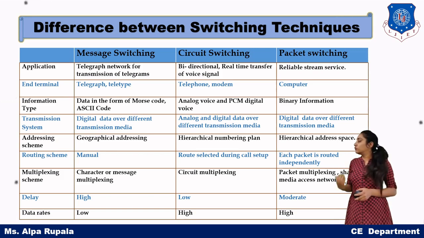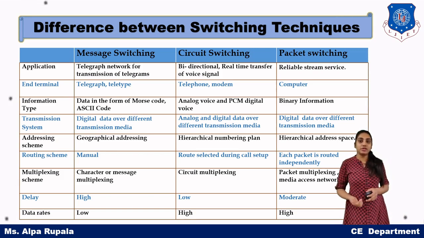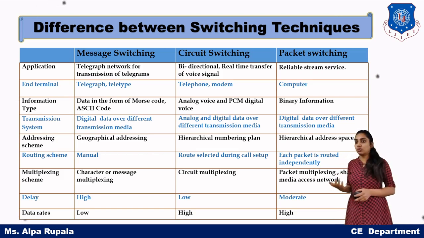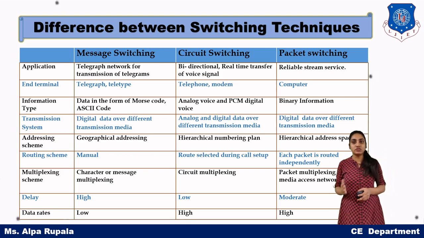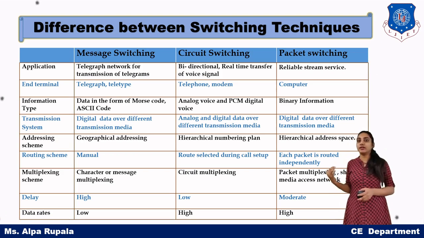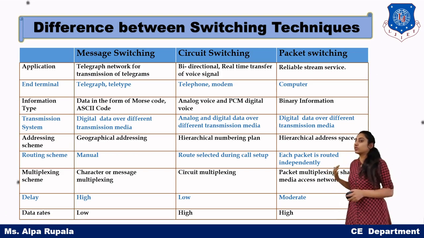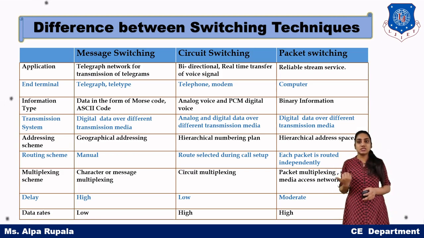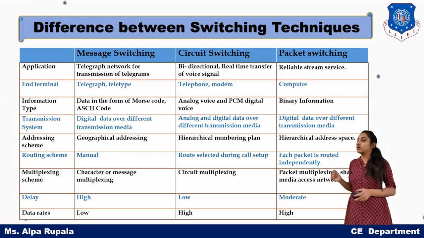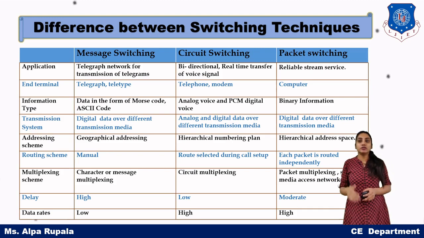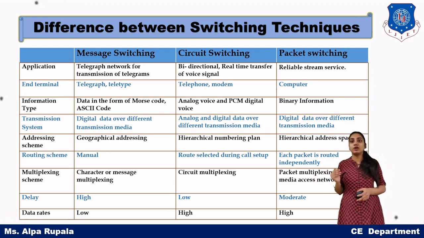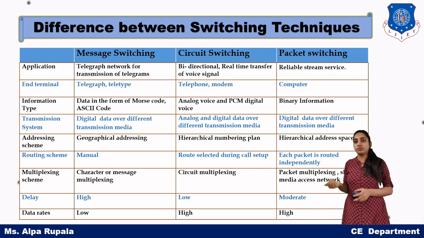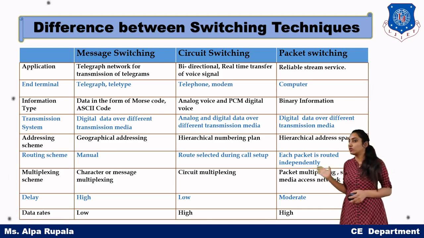Now the information type: Morse code and ASCII code in message switching, analog voice or PCM digital voice in circuit switching, and digital data in packet switching. Transmission system: in message switching, digital data over different transmission media; in circuit switching, analog and digital data over transmission media; and in packet switching, analog and digital data over transmission media.